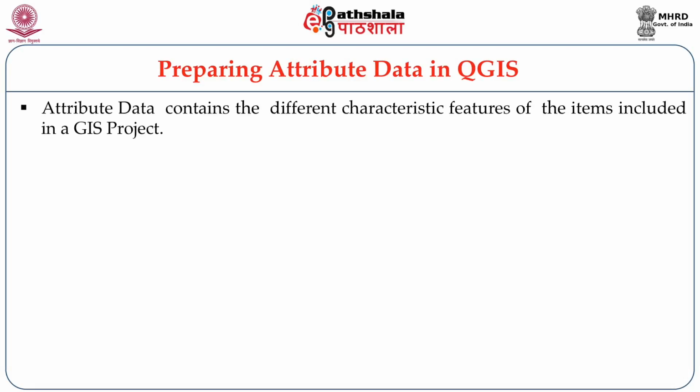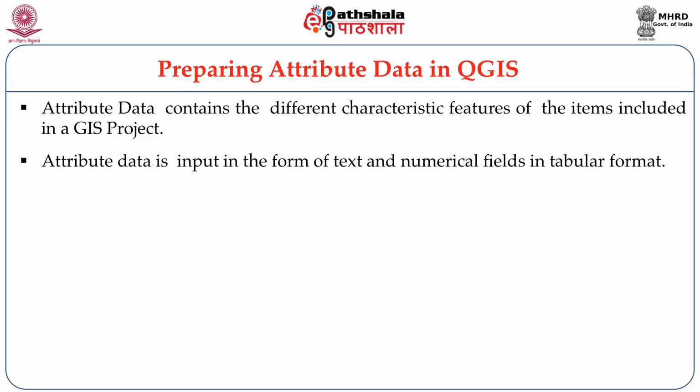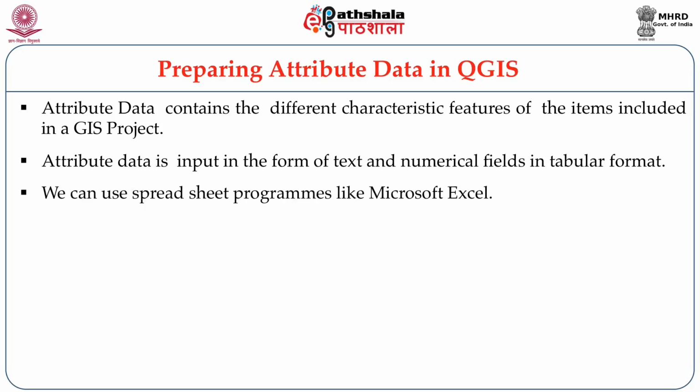So as I was telling, attribute data contains mainly the data about the different features that are used for display in a GIS project. Attribute data is input in the form of text and numerical fields in a tabular format. That means usually we use spreadsheet programs like Microsoft Excel to enter the attribute data.